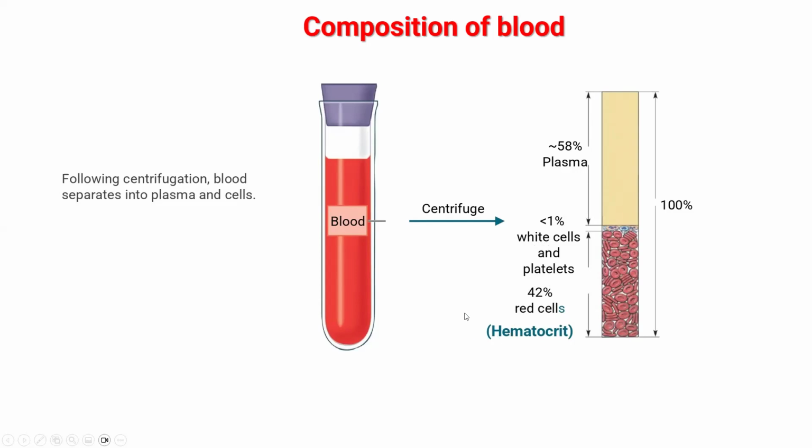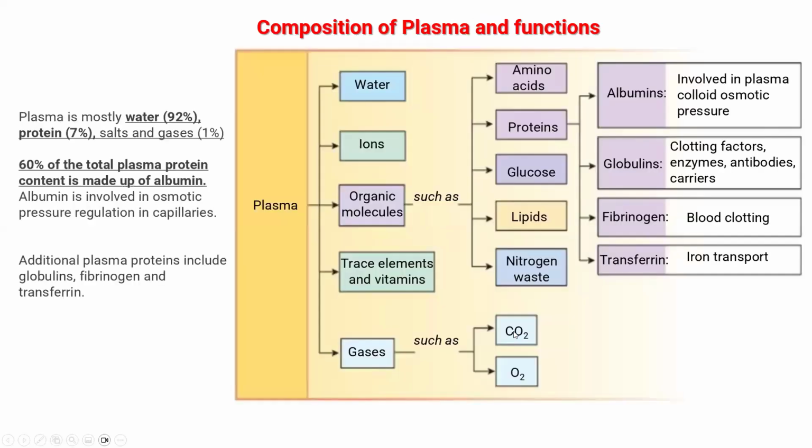If you take blood and remove everything except the red blood cell mass, this is called the hematocrit.